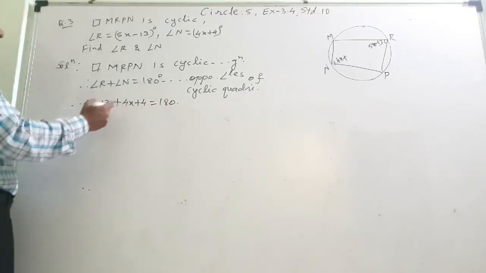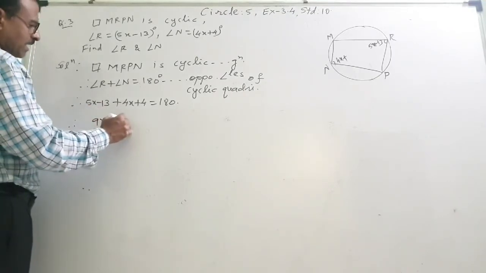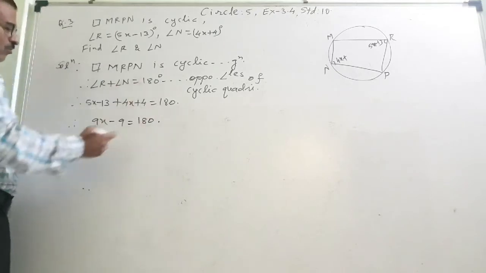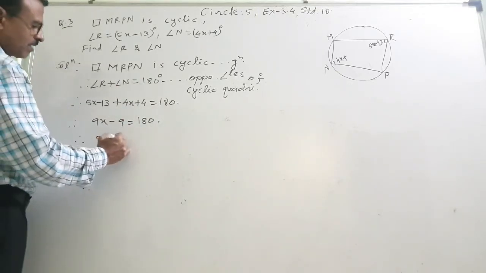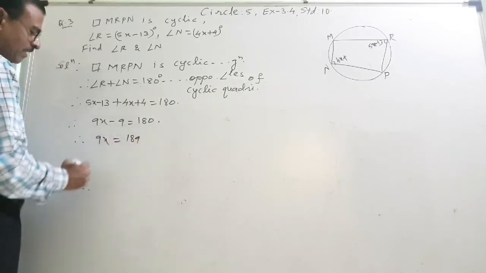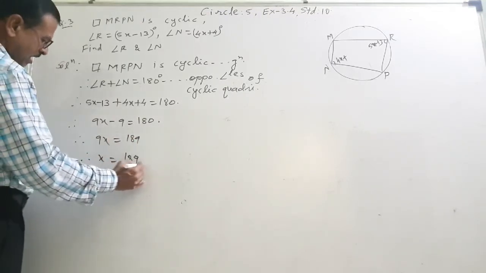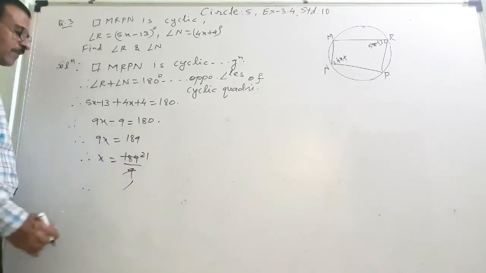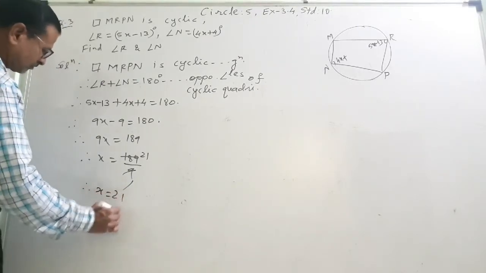Therefore, 5x plus 4x is 9x. This minus 9 is equal to 180. This 9 will go on that side. This 9x will remain here. This minus will become 189 plus. Therefore, x is equal to 189 upon 9. So, therefore, x is equal to 21.